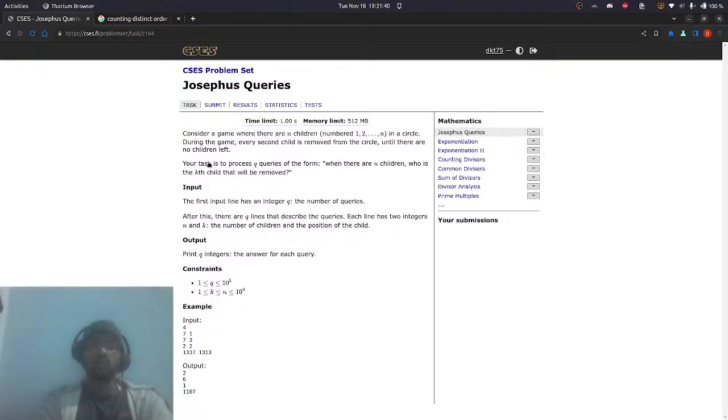So if we have 7 children, then the first child that will be removed is not 1 but 2. Again, if we have 7 children, then who is the third child that will be removed?